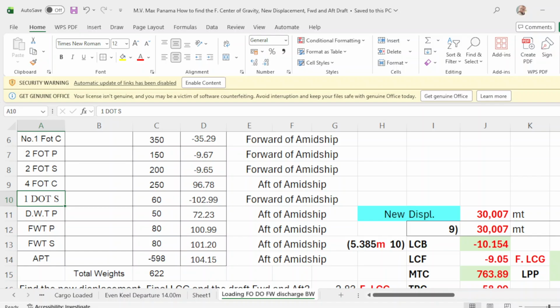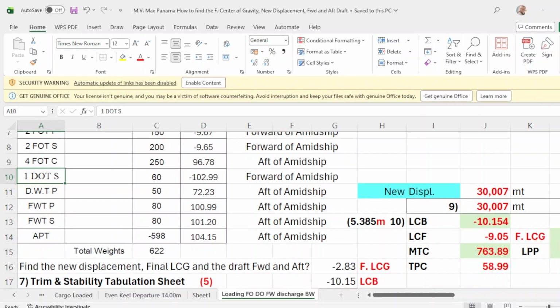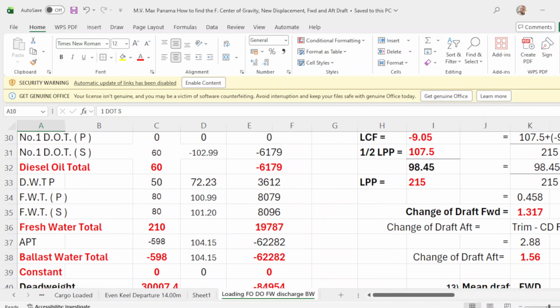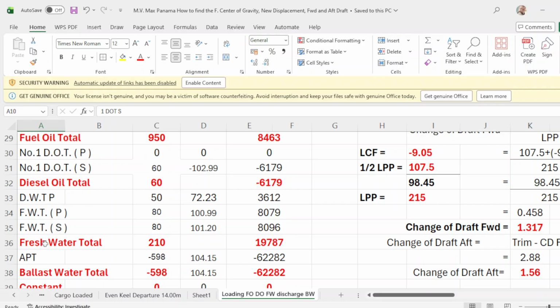Then you apply the fresh water. You apply drinking water, the weight, and the LCG. Total fresh water is 210, and the total LCG moment.